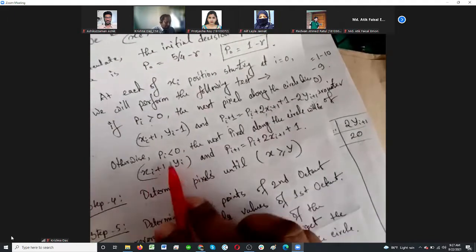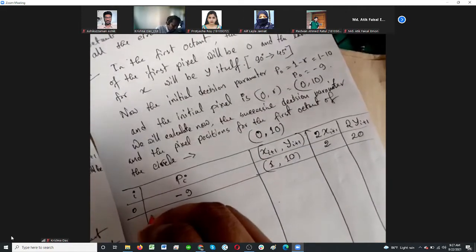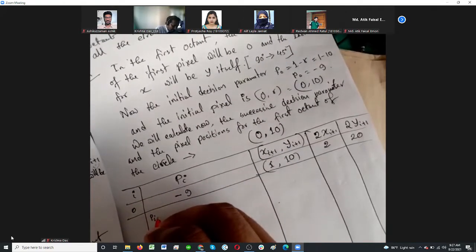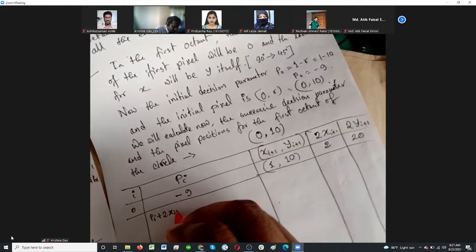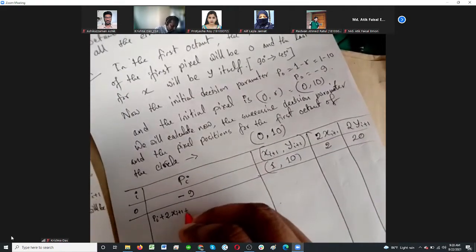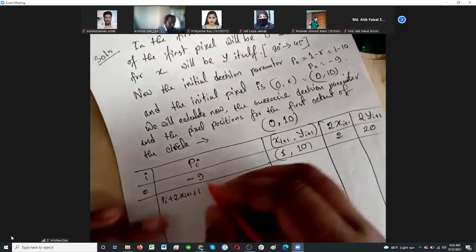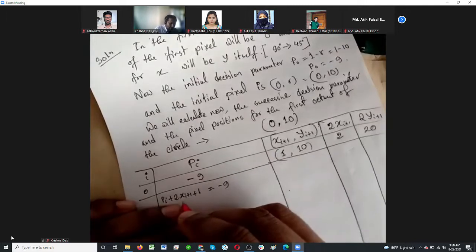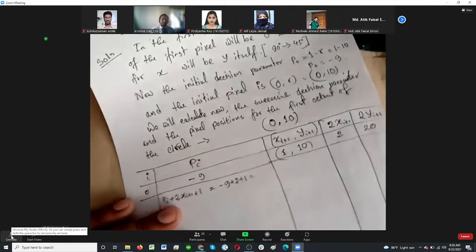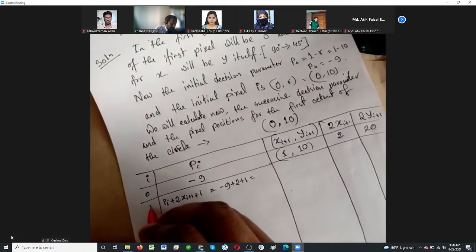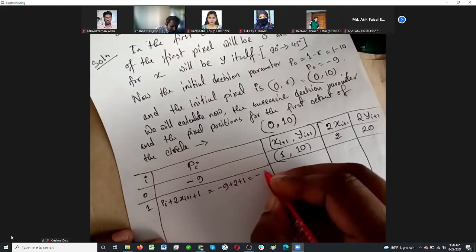When it is negative, it is p of i plus twice xi plus 1, plus 1. So if we put the value, p of i is minus 9, twice xi plus 1 is 2, plus 2, plus 1, so we got minus 6.